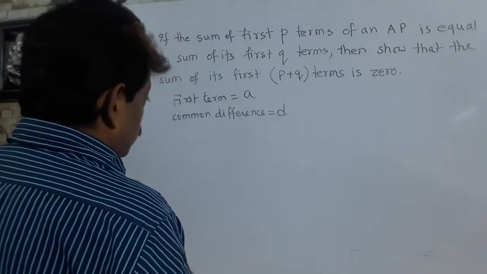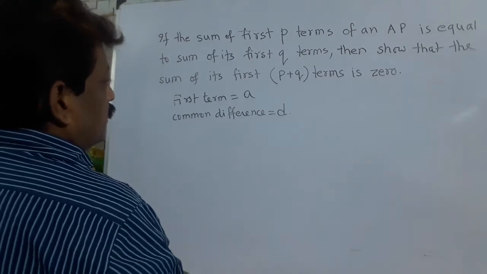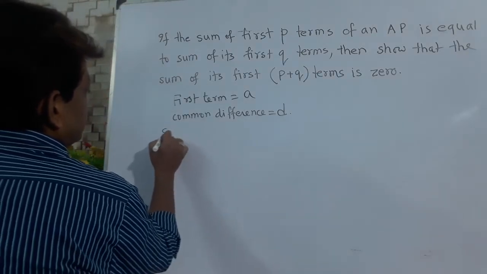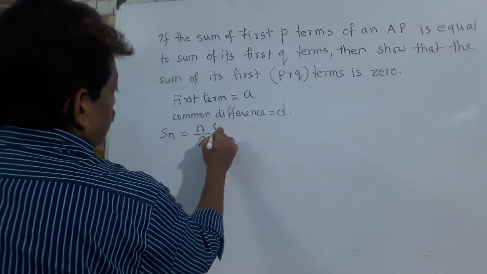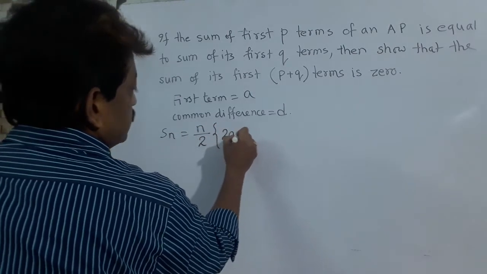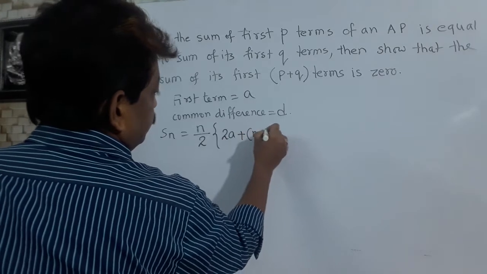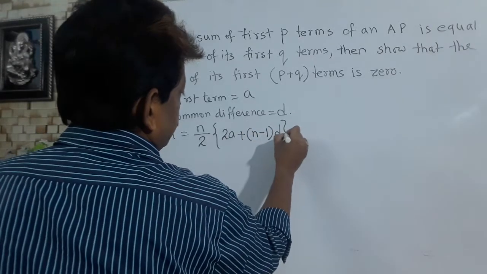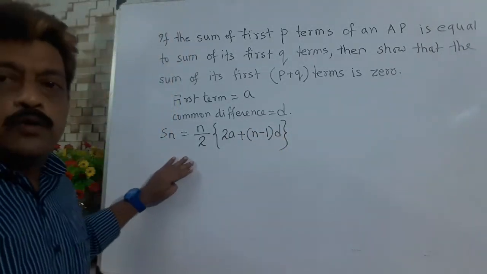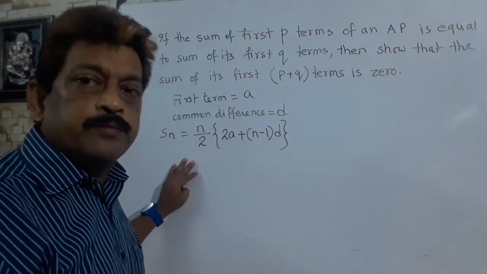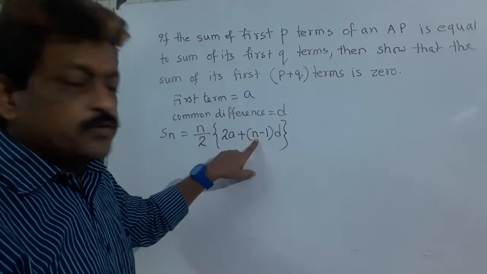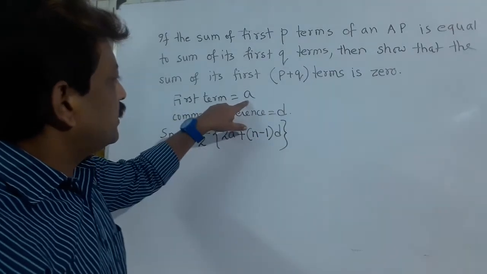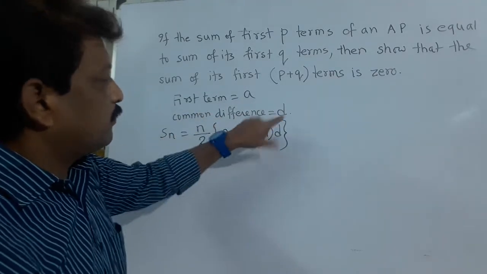Now we know the formula for the sum of n terms: Sn equals n by 2 times (2a plus (n minus 1)d). This is the formula to find the sum of n terms of an AP, where n is the number of terms, a is the first term and d is the common difference.